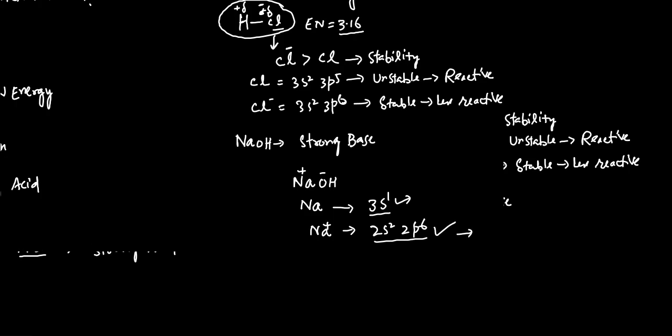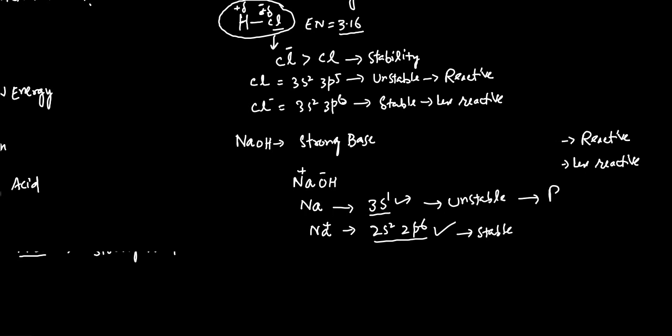This one is quite stable, and this one is unstable here, because sodium would like to lose the electron and would prefer to get this noble gas configuration. So this one is very highly reactive, sodium, and this one is almost non-reactive, or we can say a very less reactive ion.